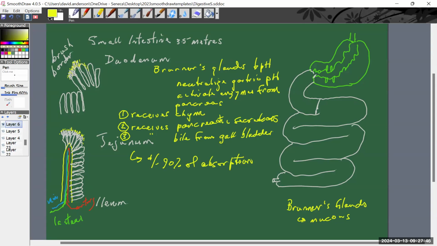So some of these enzymes that would be found in the brush border are going to have names like sucrase. We know that sucrase acts on what? Sucrose. Yeah, sucrose. And we know sucrose was a disaccharide made from glucose and fructose.